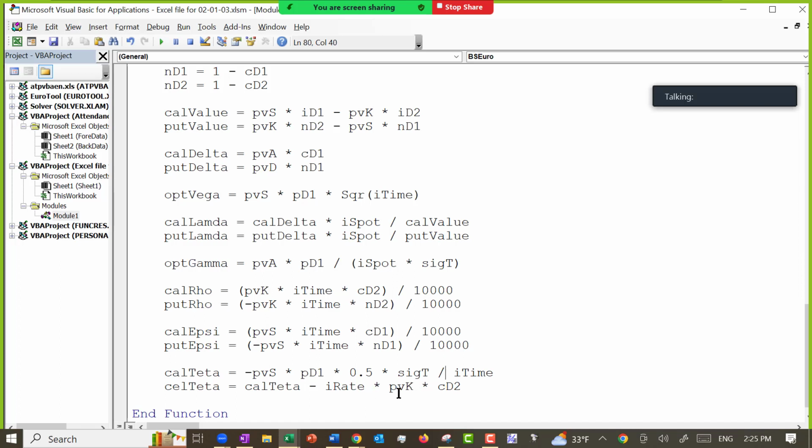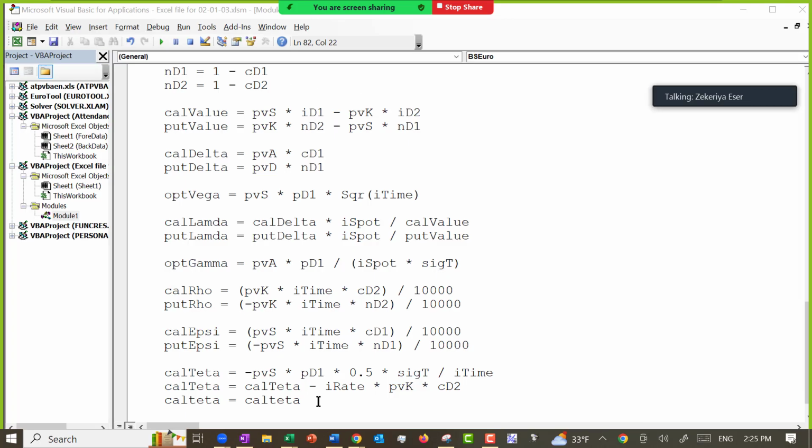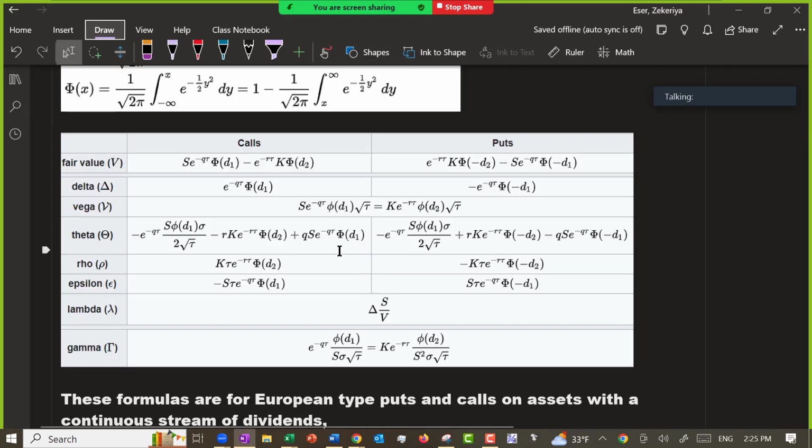Not sell, call theta. And the last piece is Q times PVS C of D1. Let's check that. Yes. And put theta is entirely similar.